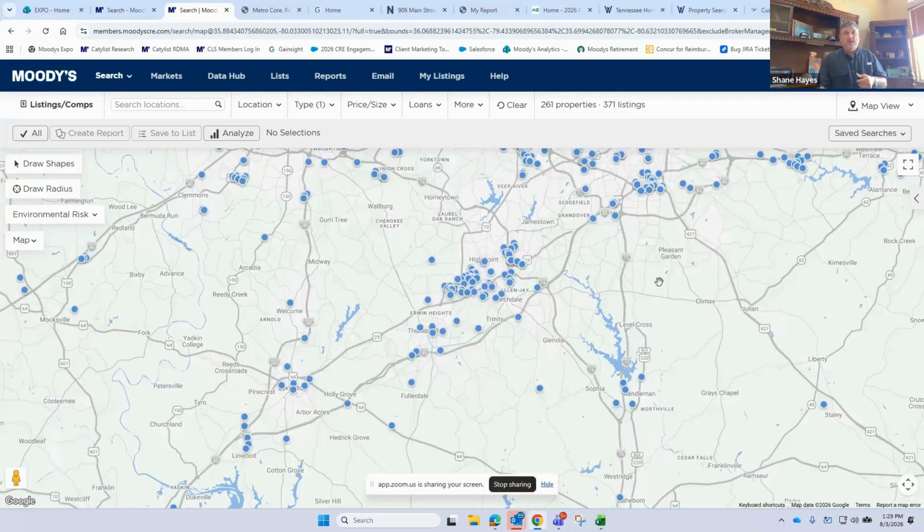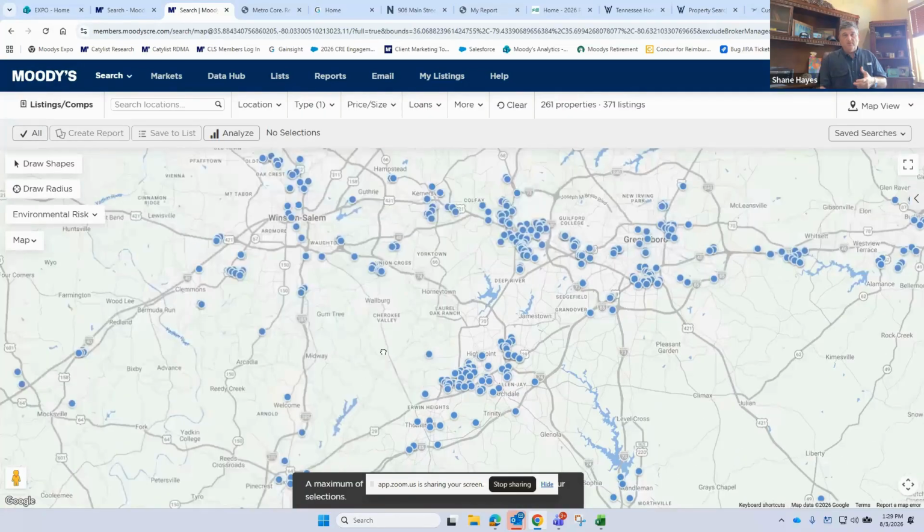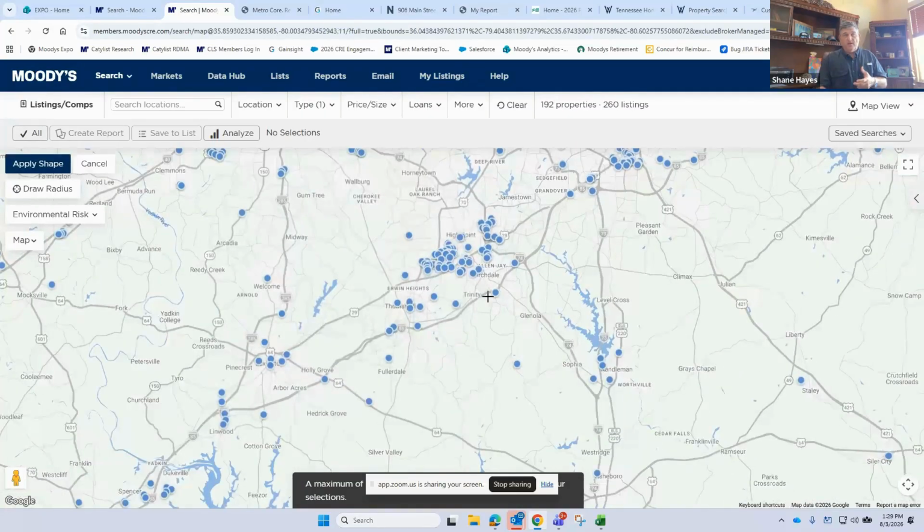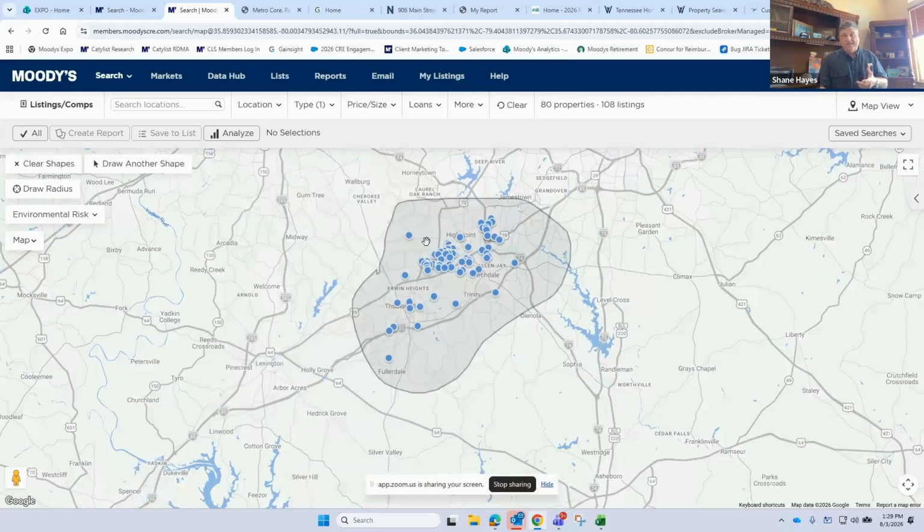Then it's always best to draw an area around the data that you want to really focus on and apply that, because right now there's 260 listings I'm looking at on this map, all these blue dots. When I apply this inside the area I've drawn, I'm down to 108. So I kicked out 150 listings.